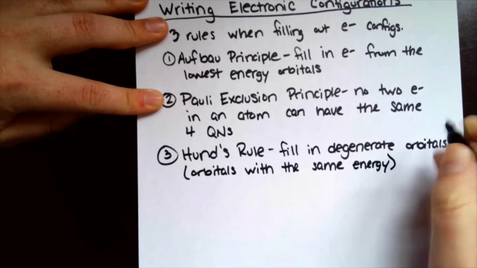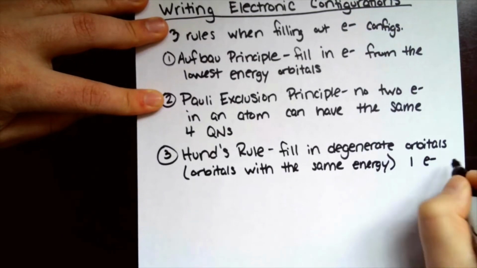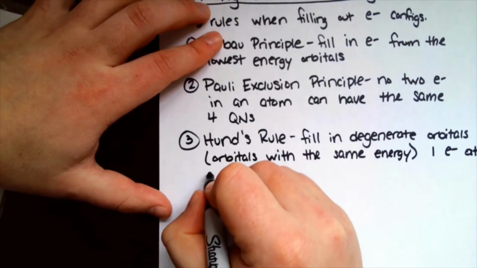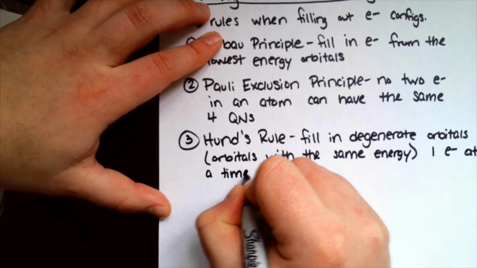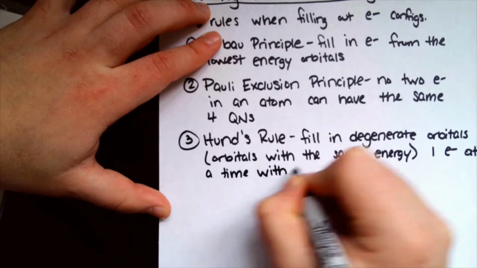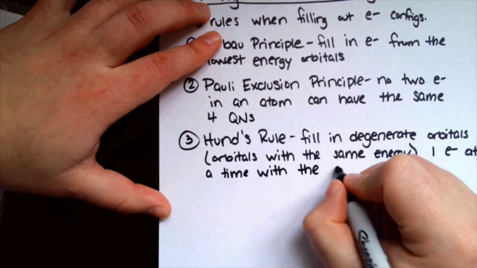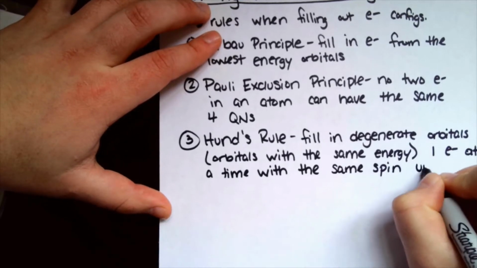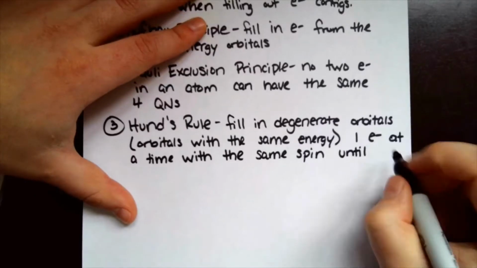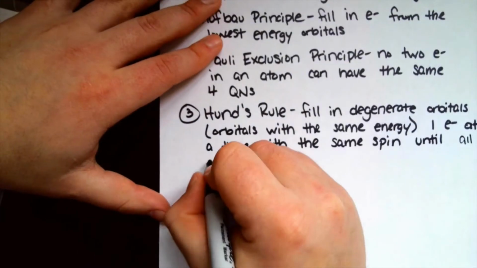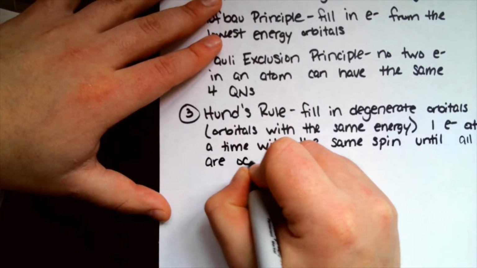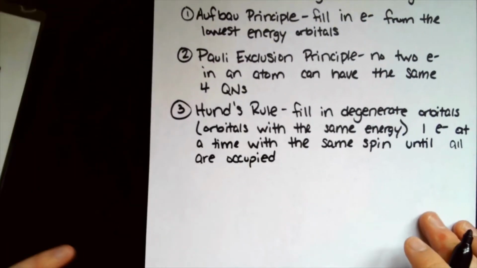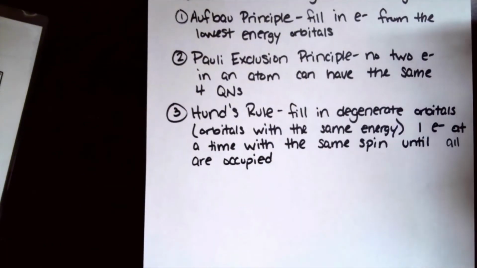You fill them in one electron at a time, with the same spin, until all are occupied. And again, that will make a bit more sense in a few minutes.